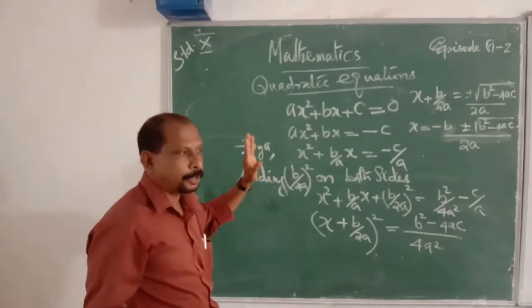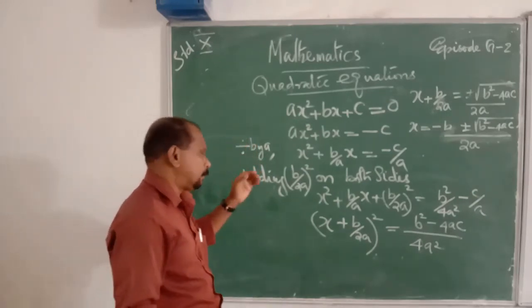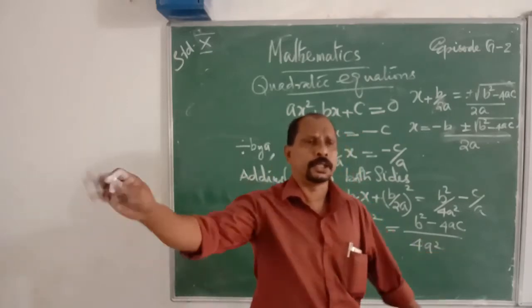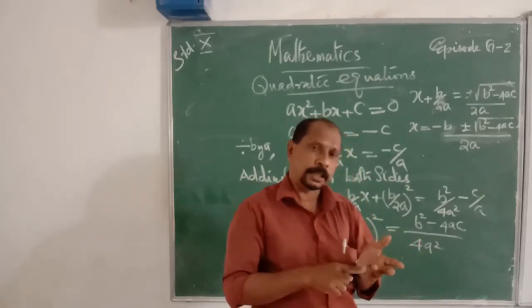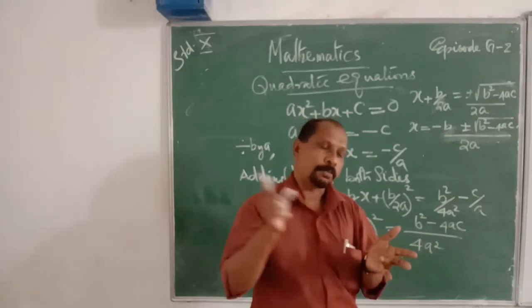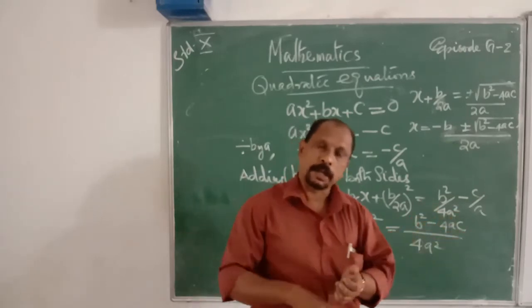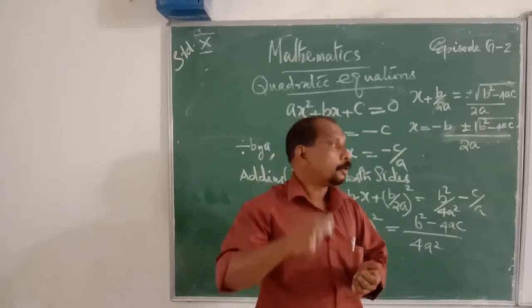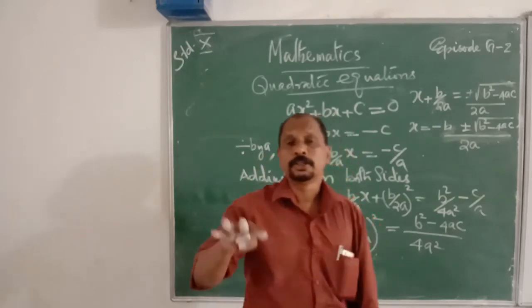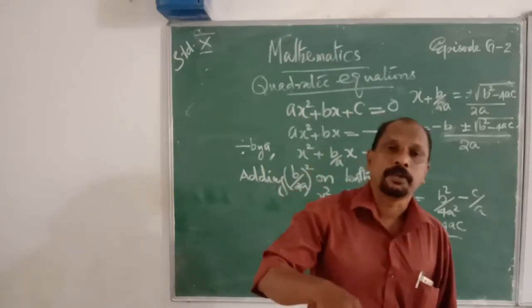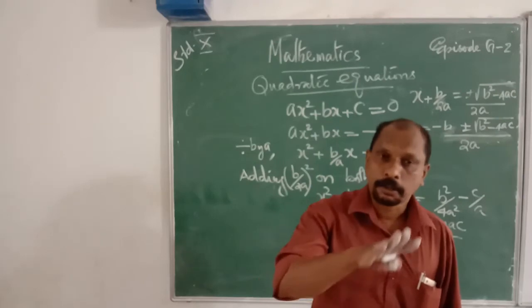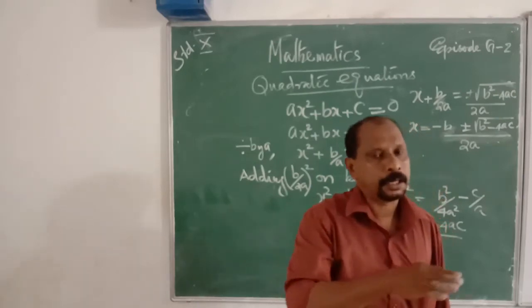Okay, that means sometimes the problem does not mention the method, only says solve the quadratic equation. Sometimes we take the factorization method, or completing the square, or the quadratic formula. But if the method is specified, for example by factorization method, then we can find the roots by factorization only, not by other methods.